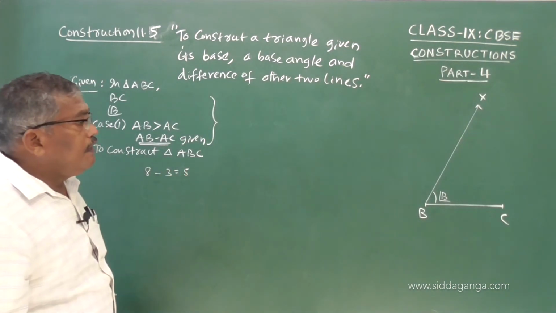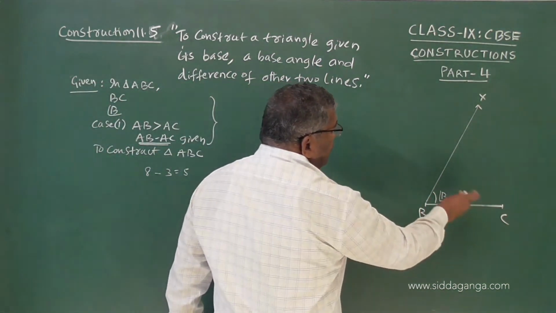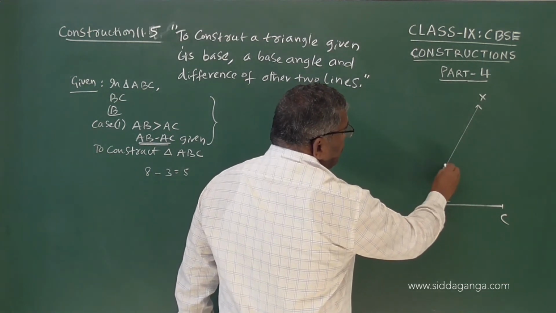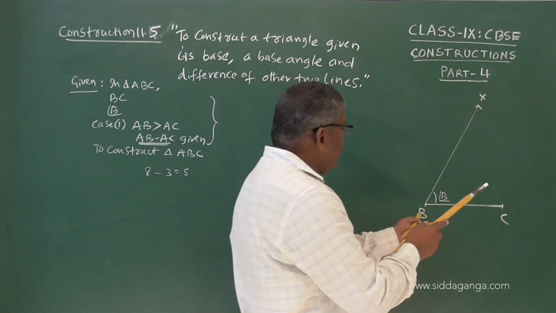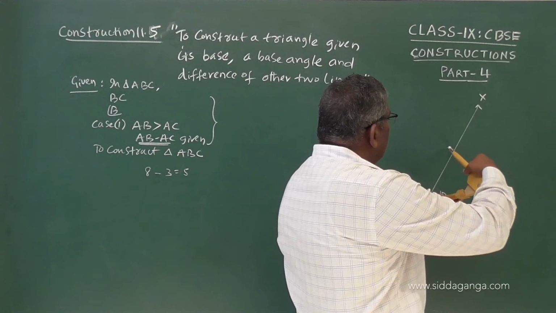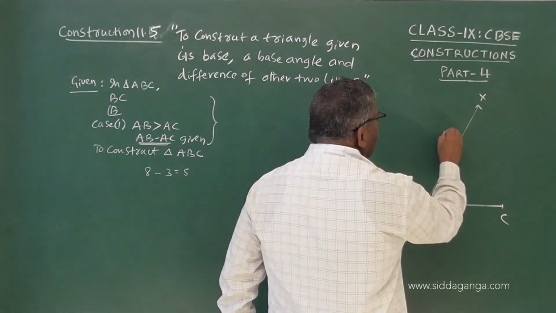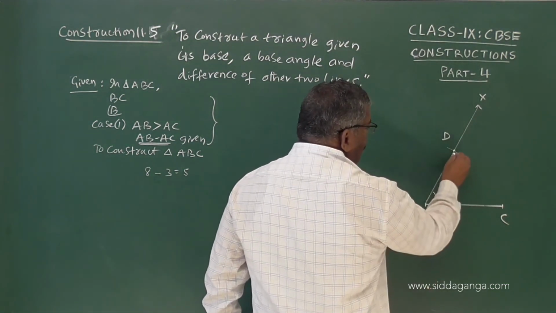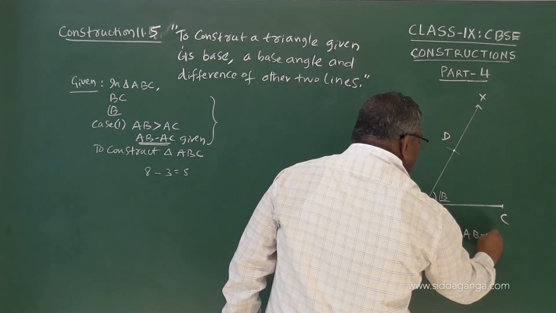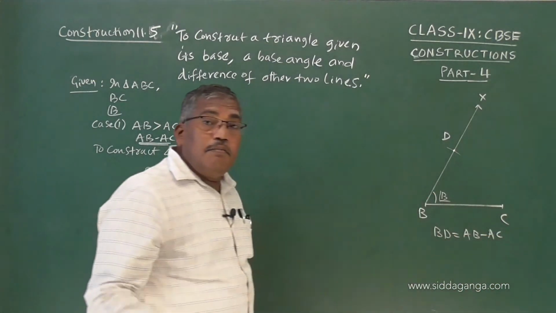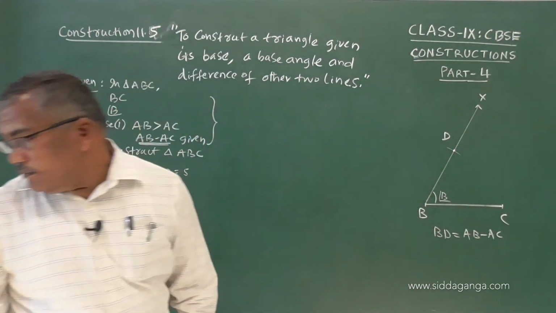So you take that 5 as radius, AB minus AC, and with B as center, cut an arc here using compass, to get point D. So BD equals AB minus AC.